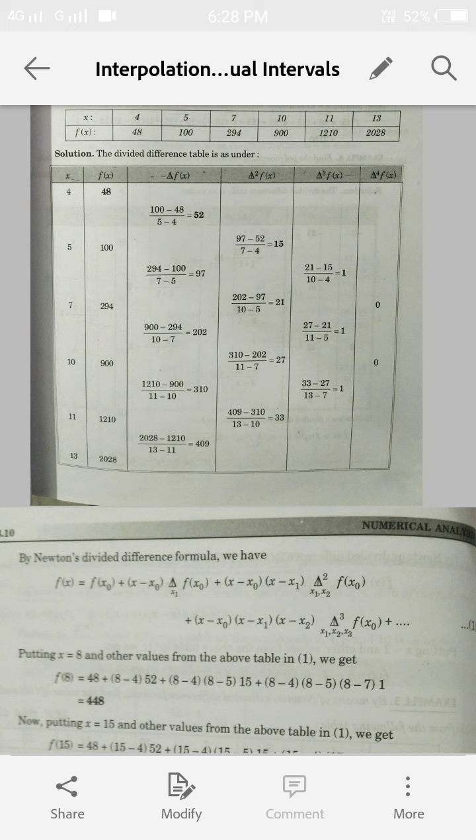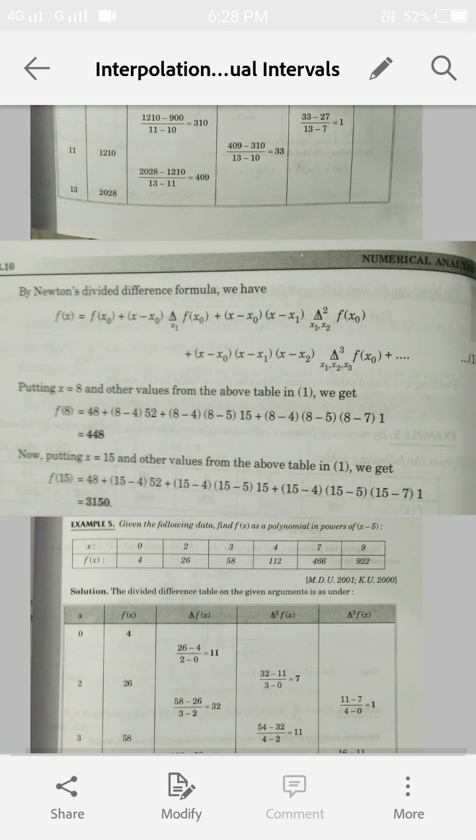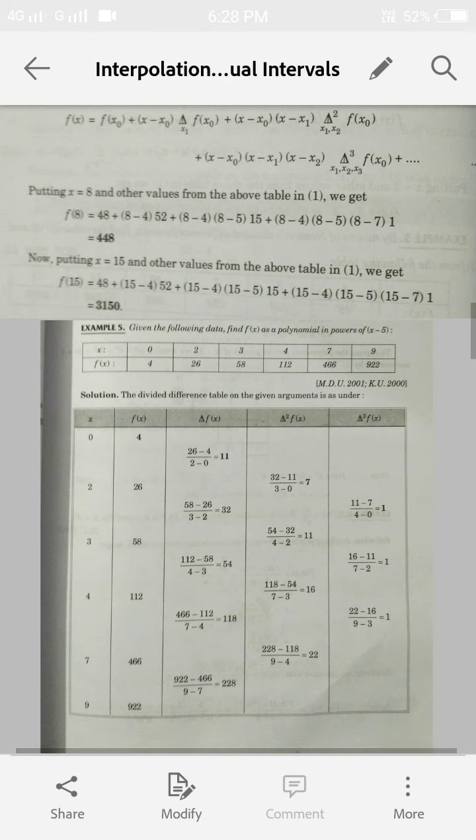For example, for first order differences we take the value 52, for second order we take 15, for third order we take 1, and for fourth order we take 0. Now substituting these values, we find the value of the function at 8, and in the same way substituting x equal to 15, we find the value corresponding to x equal to 15. So this is Newton's divided difference formula.